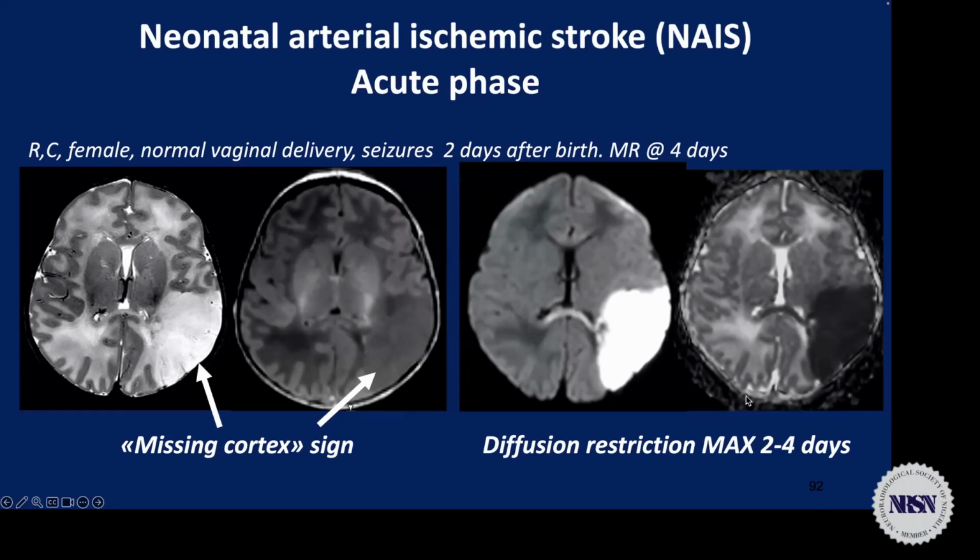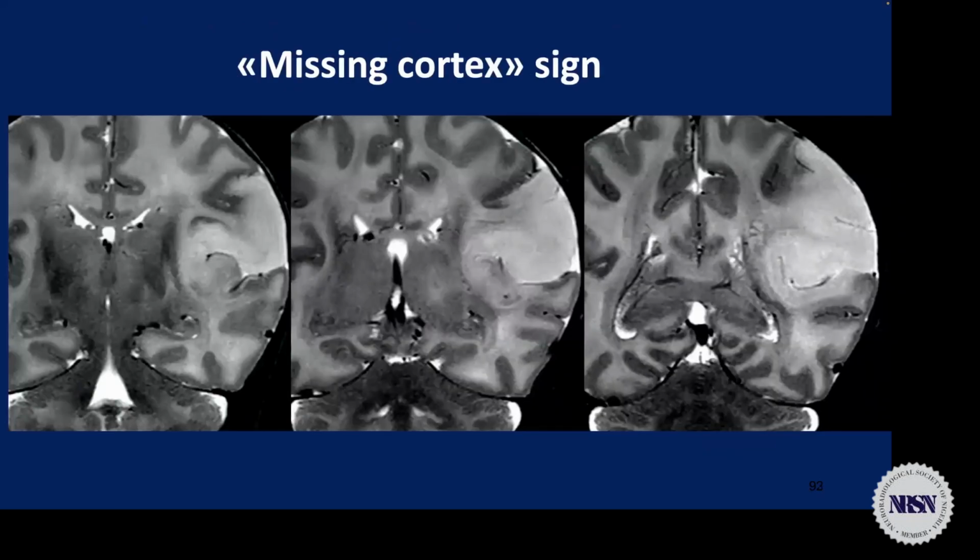If you look at diffusion weighted image, of course, you have a dramatic restriction of diffusion, that is maximum in the period from 2 to 4 days after the stroke. You can see here a magnified missing cortex sign. You cannot find the cortex because here there is an edematous cortex in the acute phase of the stroke.